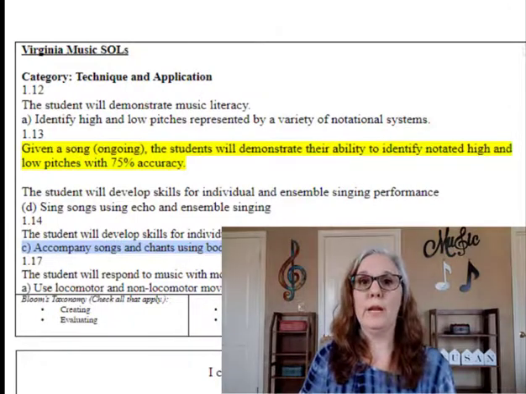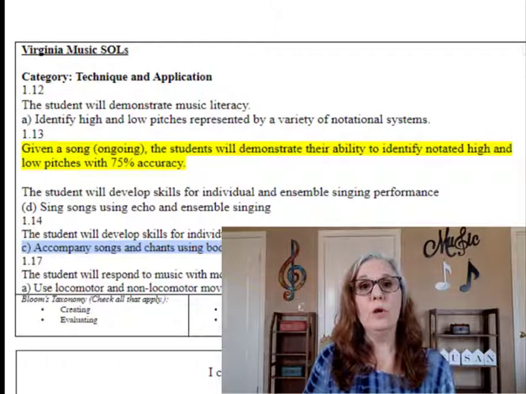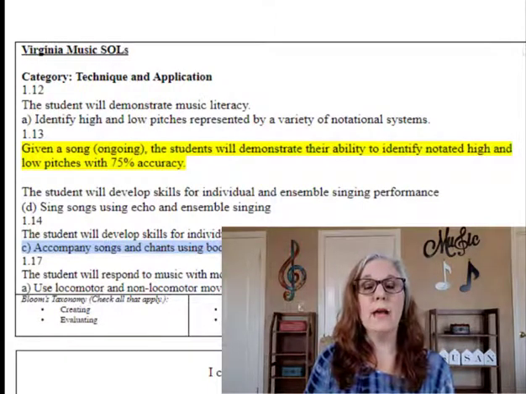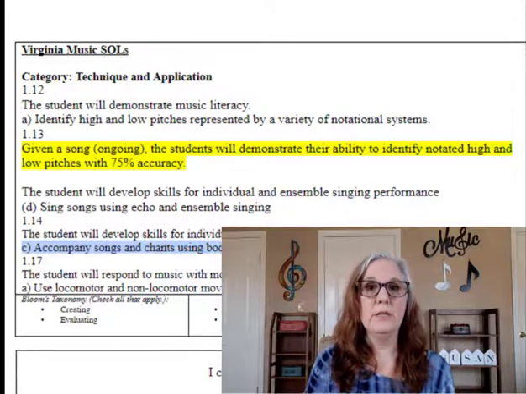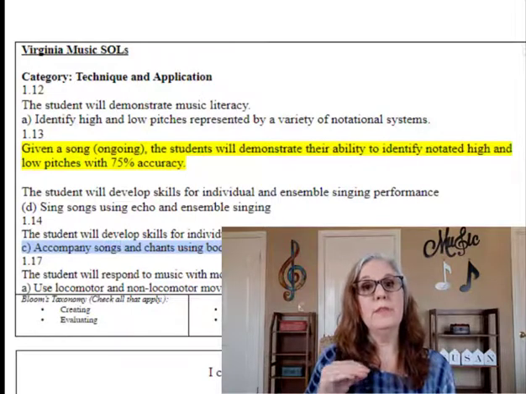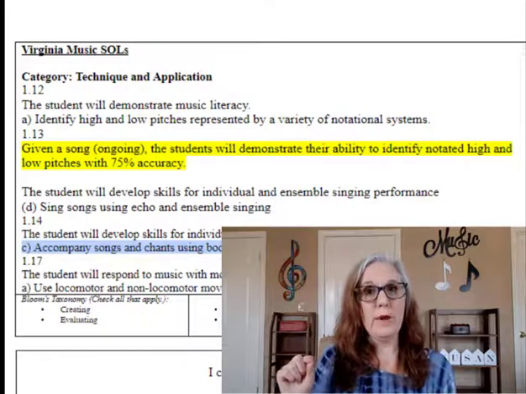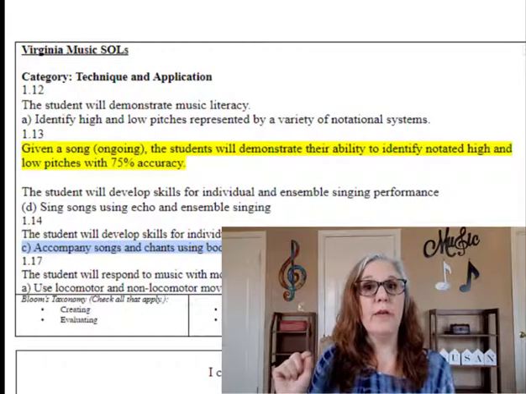with 75% accuracy. If you noticed, I used a lot of the wording from the objective itself to form my behavioral objective. Now, the reason the word ongoing is in there is because this objective is not going to be assessed in every single class period. So the objectives, when they want to see a behavioral objective, they want to know the outcome, the assessment rating for the success of that objective.